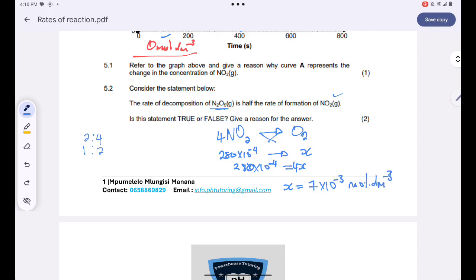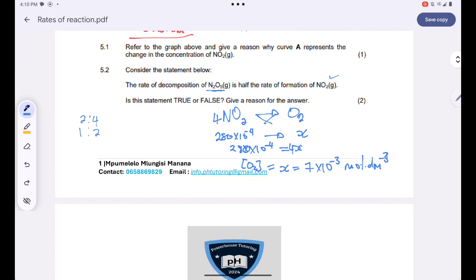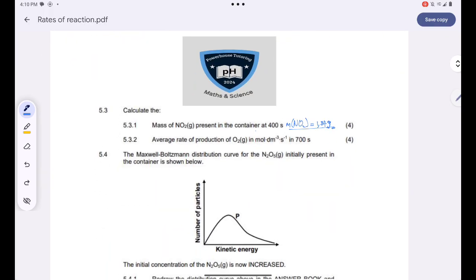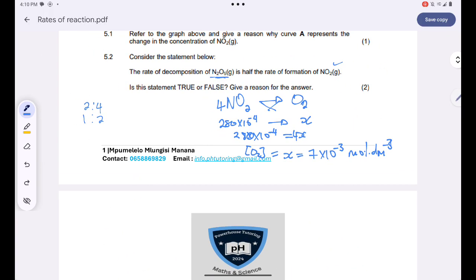But remember, guys, x only represents the concentration of oxygen formed after 700 seconds. So for me to calculate the rate of formation of oxygen, or rather the rate of production, I'll simply say the rate is basically the change in the concentration of oxygen divided by the change in time.